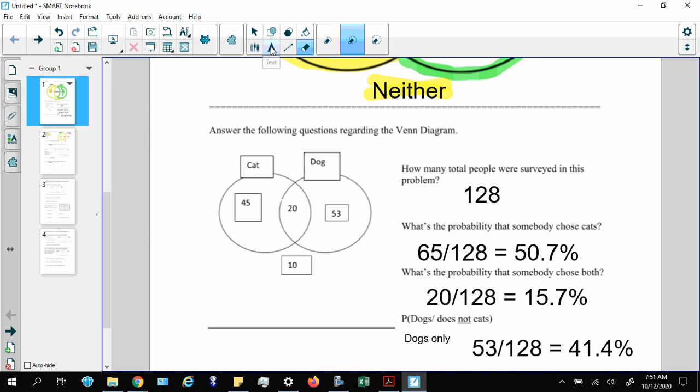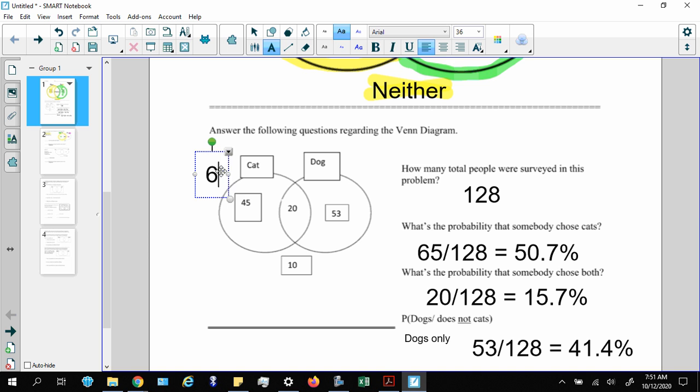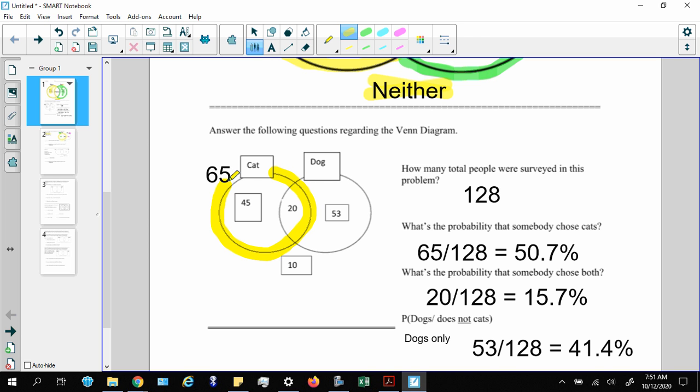You would say there was a total of 65. The reason it's 65, because this is where it gets a little confusing, is that when you look at the cat circle, you have 45 and 20, which add up to 65.